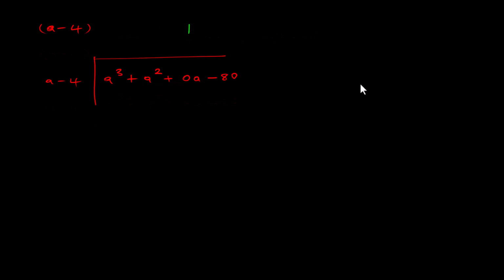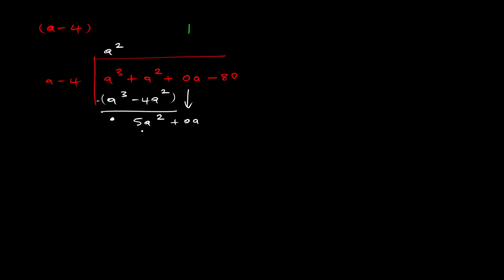So a into a cubed, that would be a squared, a cubed minus 4a squared, and let's subtract. So this is 0, and this would be 5a squared. So a into 5a squared, and always remember to bring down the other part of the equation, so 0a.